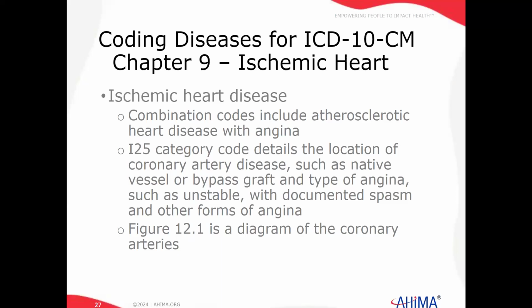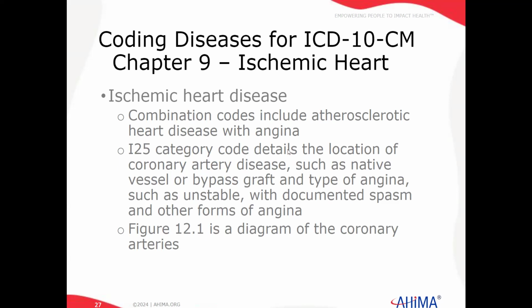Hello, everyone. I'm back, and we're going to continue our discussion and learn more about coding other diseases of the circulatory system. With ischemic heart disease, there are certain combination codes that include both the atherosclerotic heart disease with angina.